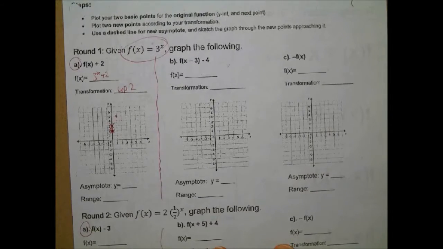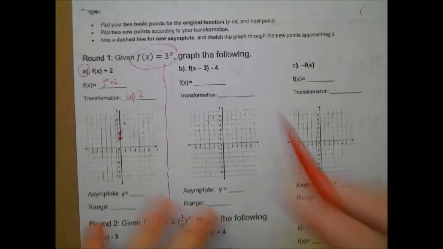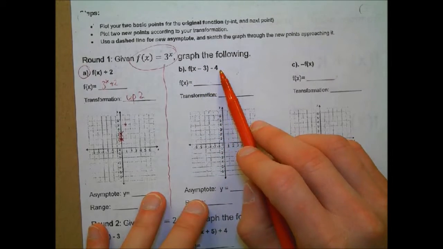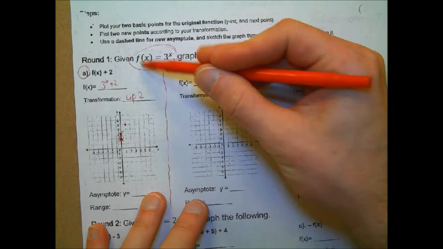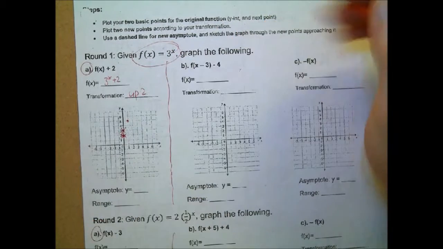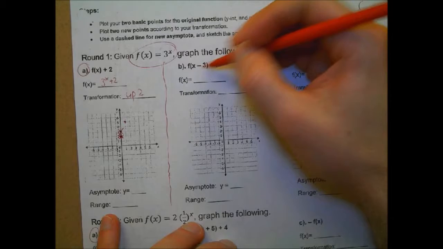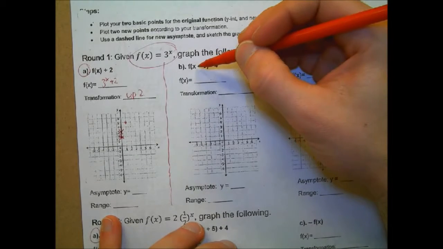So B, we're taking our function f, and we're going to make it x minus 3 and then minus 4. Again, our function f here is 3 to the x. Now, I was working with Hannah a little bit in set, and I want to make sure we get this right because this one's a little bit tricky. We have a couple of transformations happening here. Notice this minus 3 is in with the x.